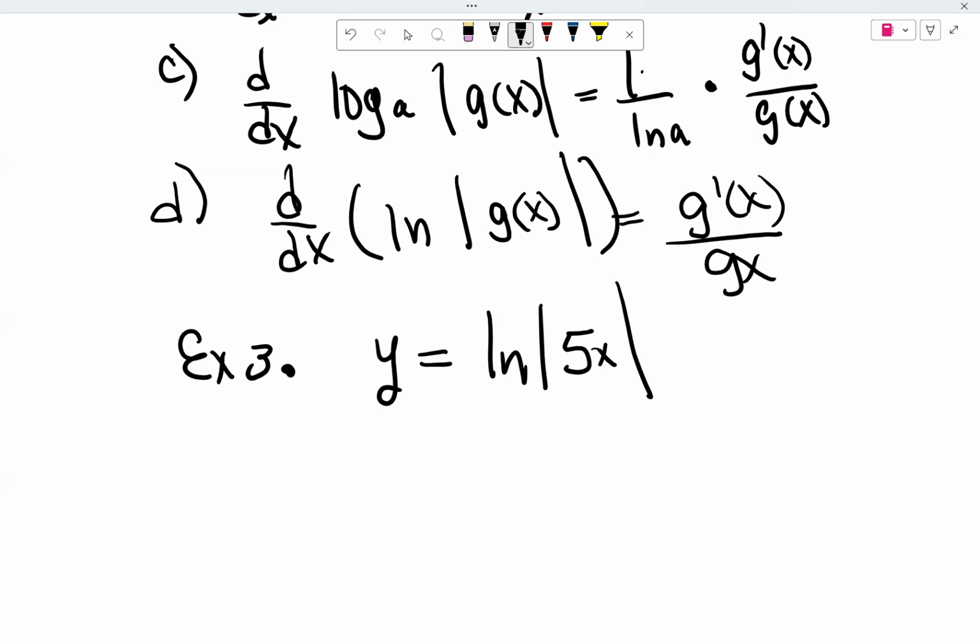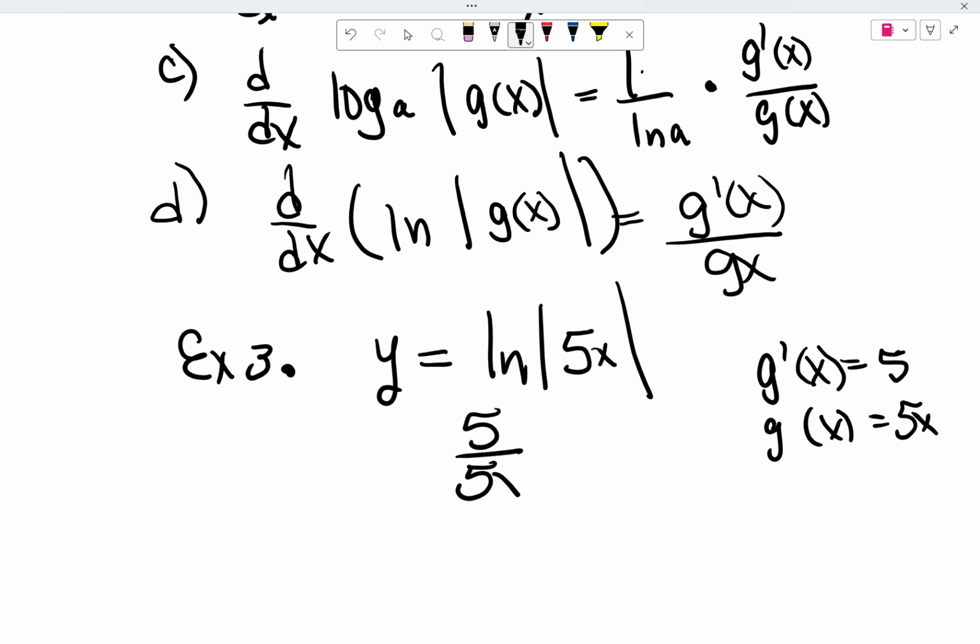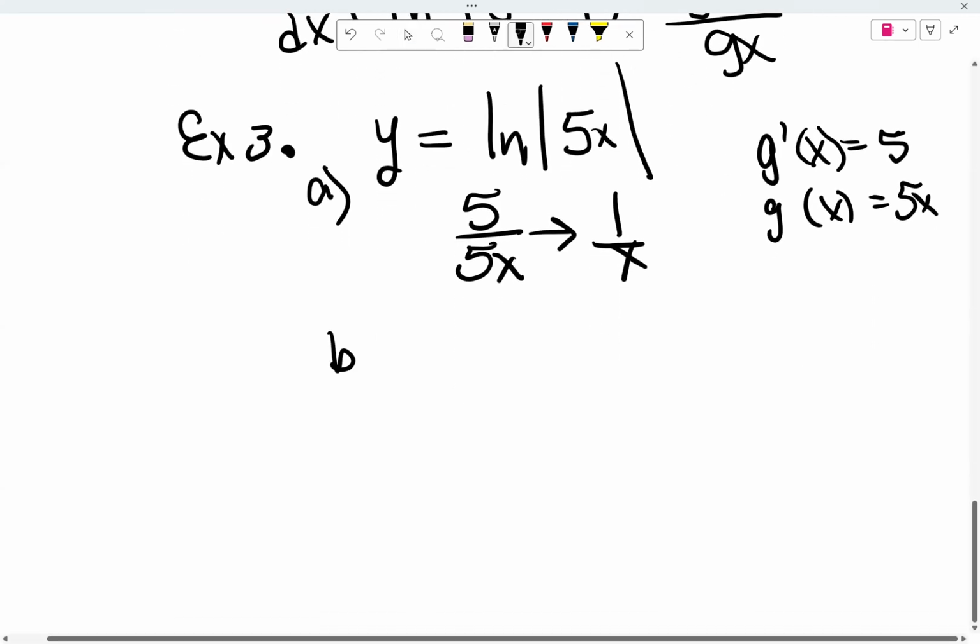I want you to remember that if I take the derivative of 5x, I get 5, over the original function, which is basically 5x. So again, 5 over 5x reduces to 1 over x. And that's just, like I said in a prior example, one of those patterned behaviors of the derivative when it comes to logarithms.